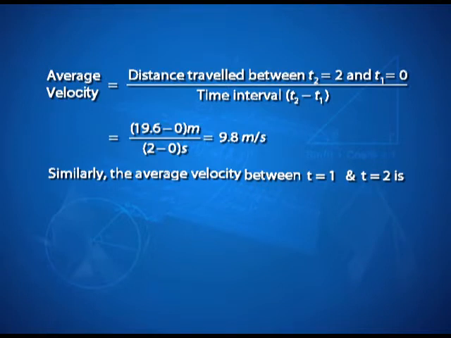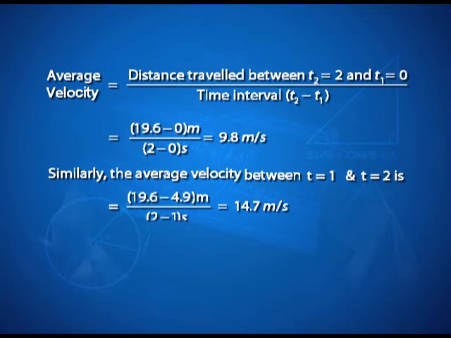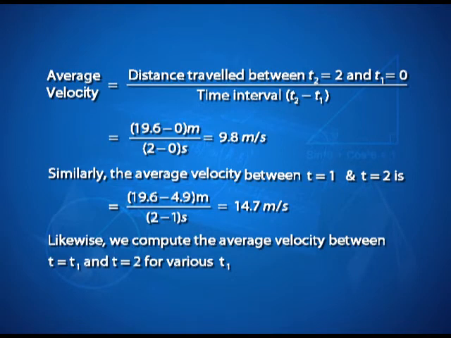Similarly, the average velocity between t = 1 and t = 2 seconds is 19.6 minus 4.9 meters upon 2 minus 1 seconds, that is equal to 14.7 meters per second. Likewise, we compute the average velocity between t = t1 and t = 2 for various values of t1.